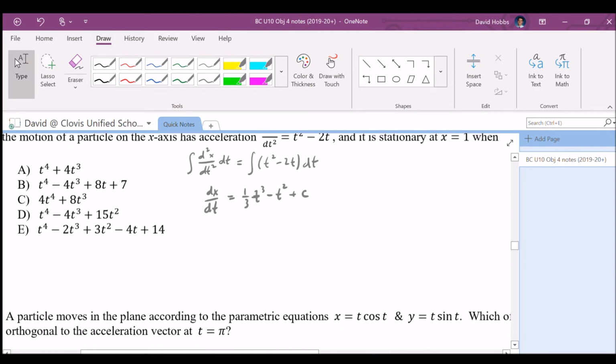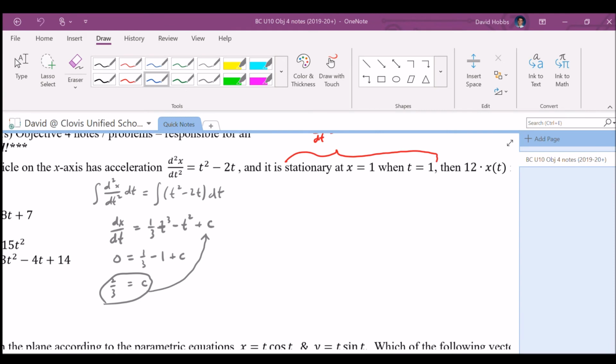So 0 equals 1/3 times 1 cubed minus 1 squared plus c. So c is 2/3. Okay, and so now we plug that in.